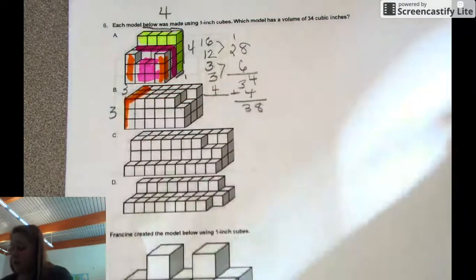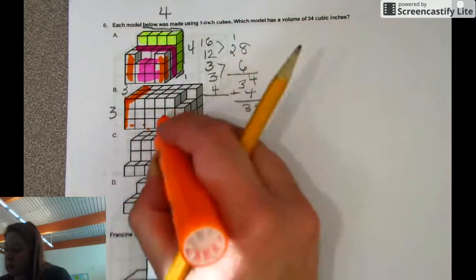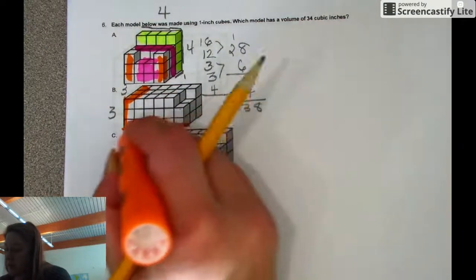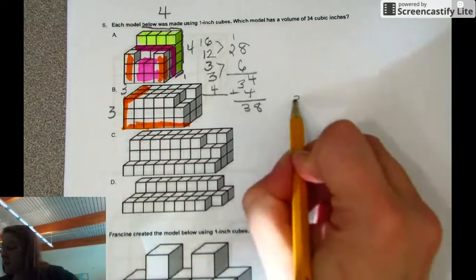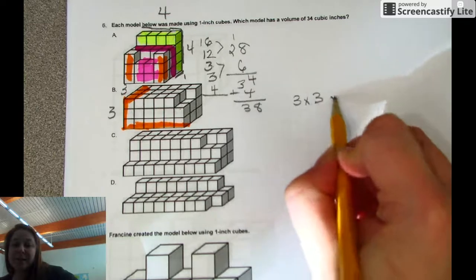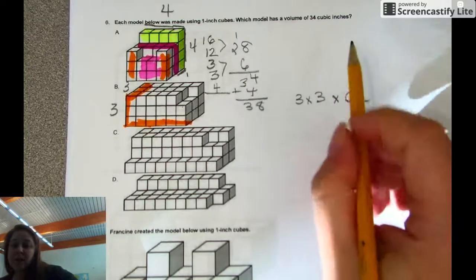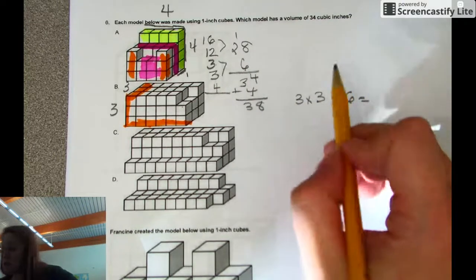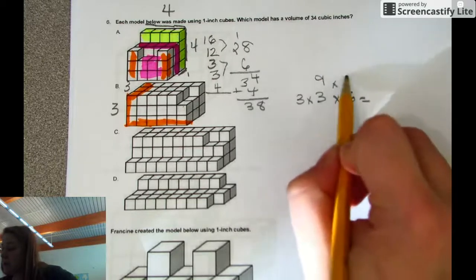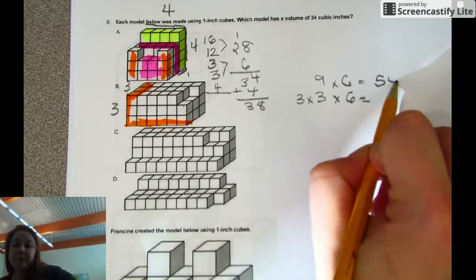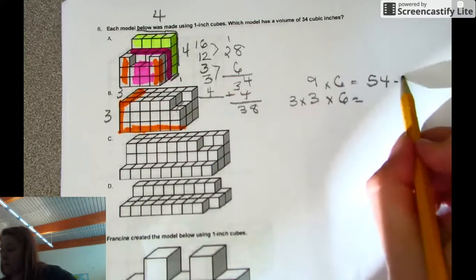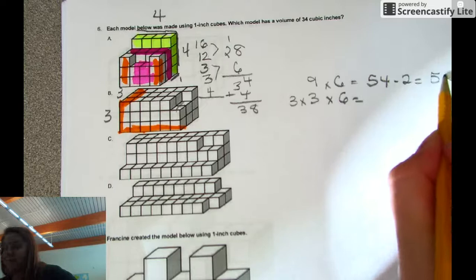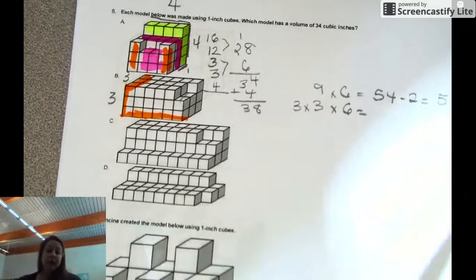And my length is 1, 2, 3, 4, 5, 6. So I have a 3 by 3 by 6. 3 times 3 is 9, times 6 gets me 54. However, I'm missing these 2 boxes, so I'm going to subtract. I'm going to end up getting 52 cubes. So once again, it's still not the answer.